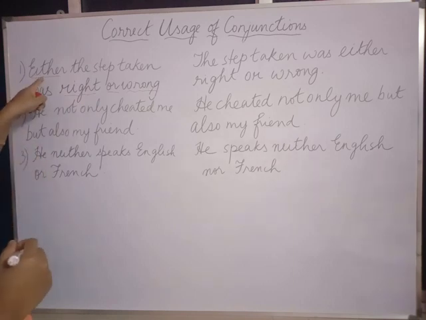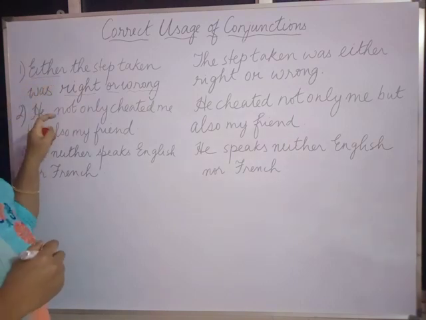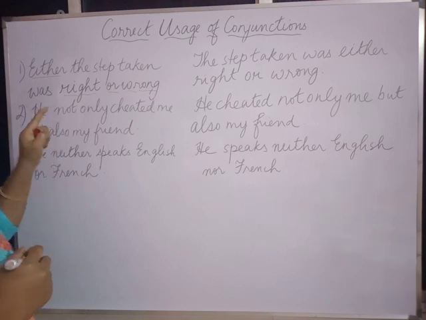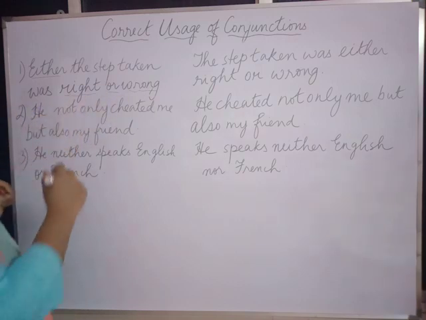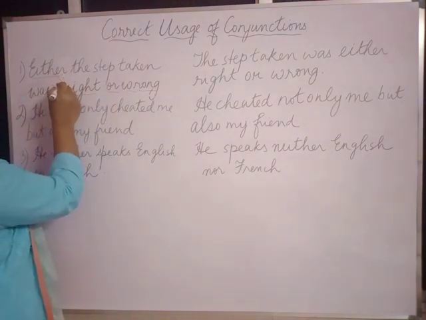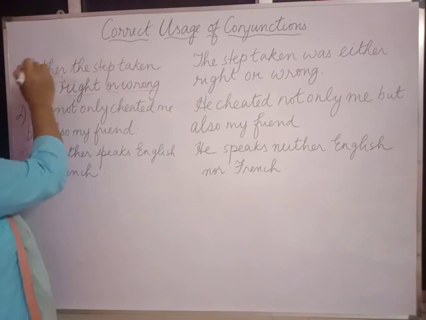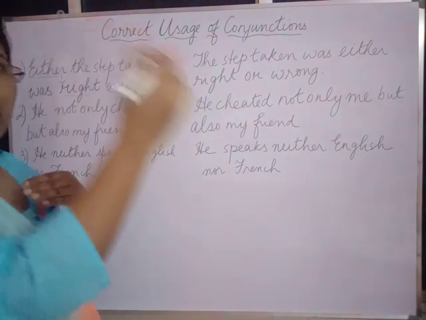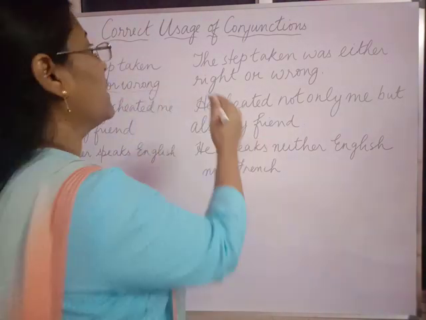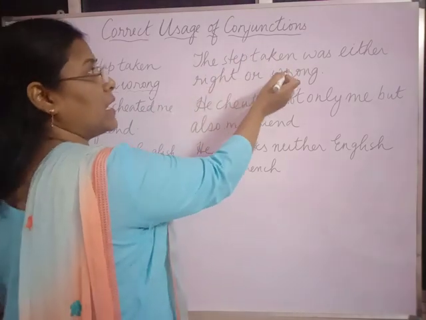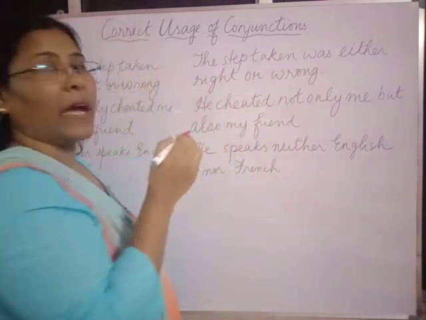"Either" should have been placed beside the related words. These two are the related words. It should have been placed just before these related words, but it is used far off. So what will be the correct form? "The step taken was either right or wrong."